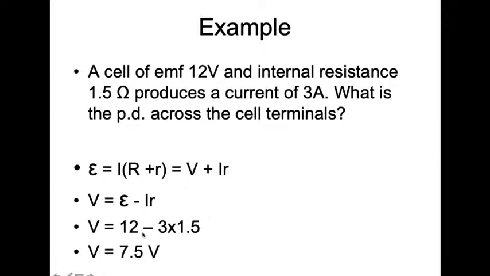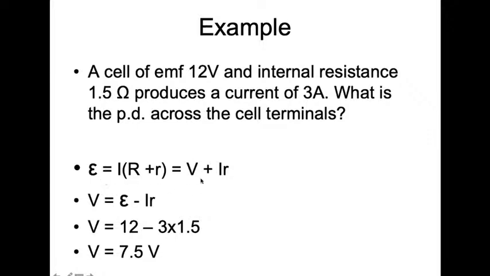So we need to find the portion that is current times our resistance of the circuit. So EMF is measured in volts, right? It's equal to the voltage of the circuit, which is what we're looking at, the potential difference across the cell terminals, which would be equal to the current times the resistance of the circuit, so that'll be the voltage we're looking for, plus the current times the internal resistance.